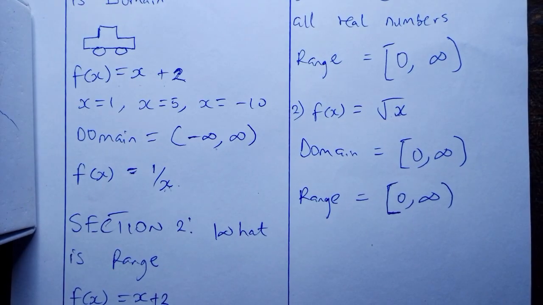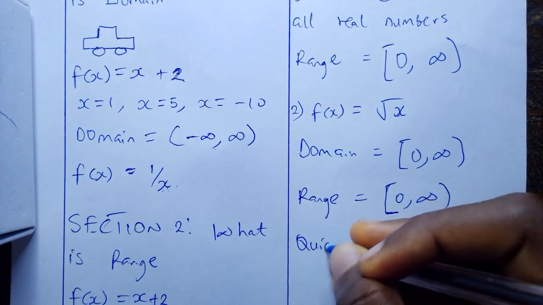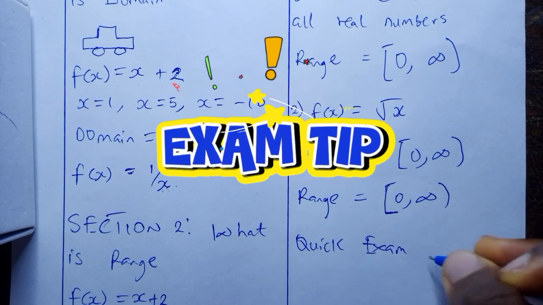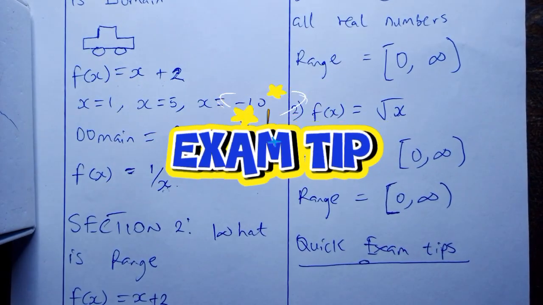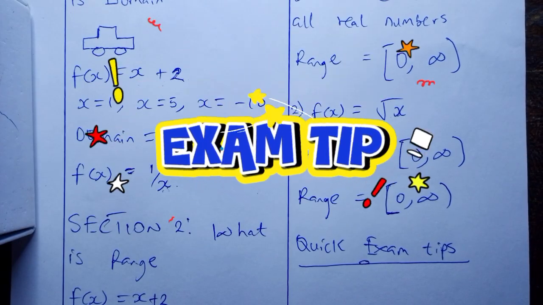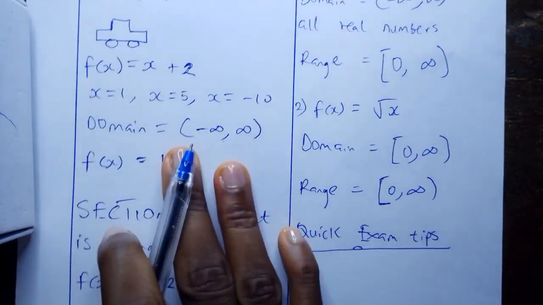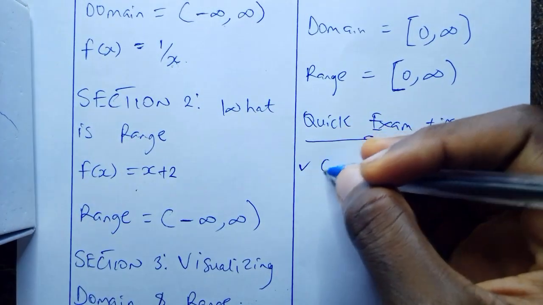Now, these are your quick exam tips. Whenever you're finding your domain, check for square roots. So tip number 1, check for square roots.